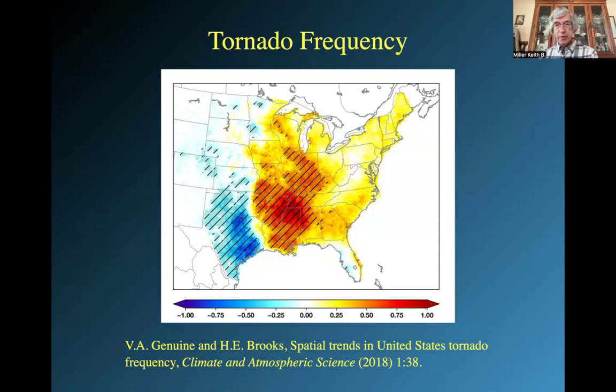That's really not something that is agreed upon at all by the weather and climate studies that have been done, long-term studies. But one thing that does appear to be happening as a consequence of climate change, of global warming, is that the location of the most intense and most frequent tornadoes is shifting.